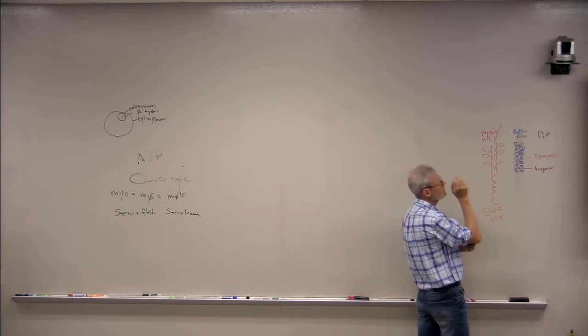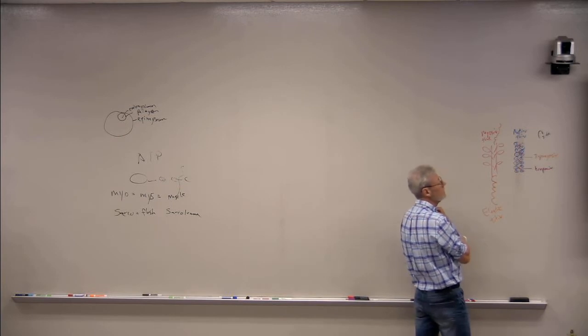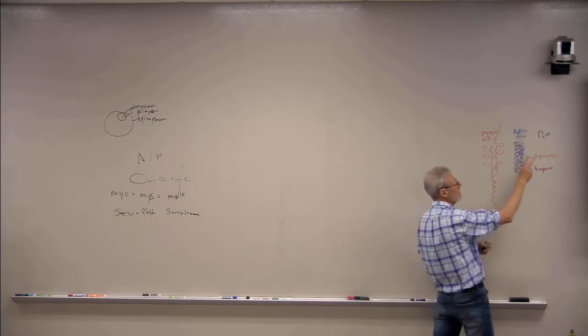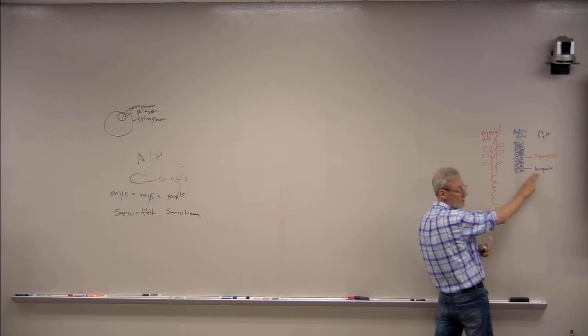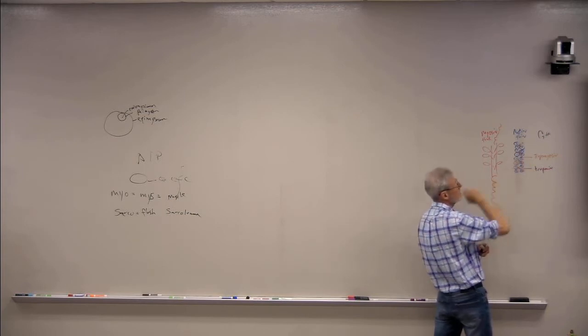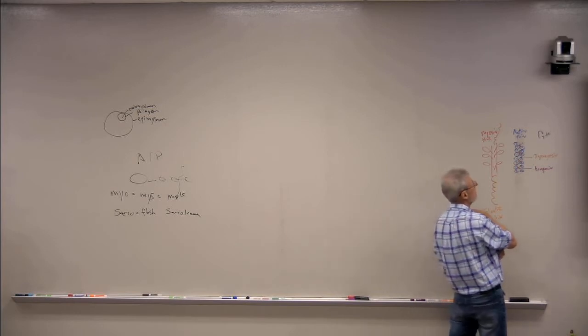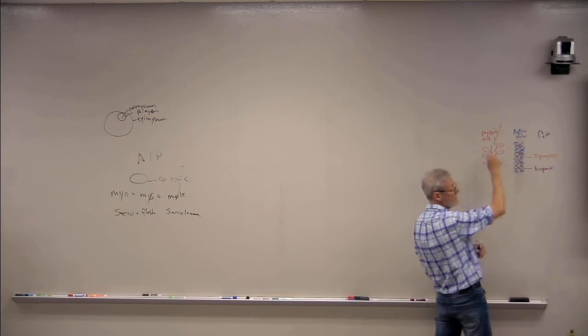And again, what starts it all? Calcium. And what does the calcium do? It causes the troponin to change its shape. When the troponin changes its shape, it opens the binding sites. When the binding sites are open, then you can get the cross-bridge attachment.